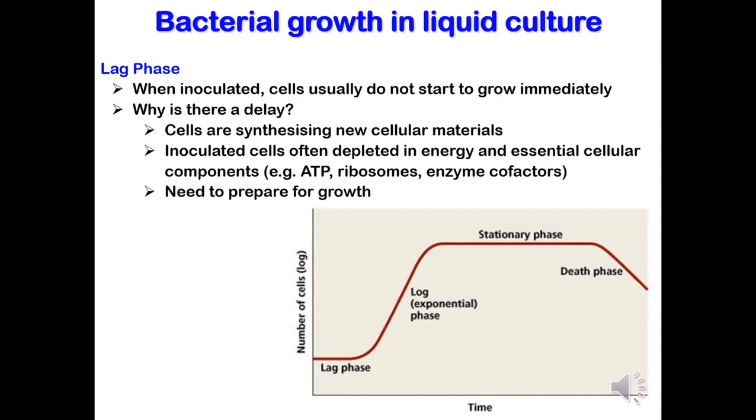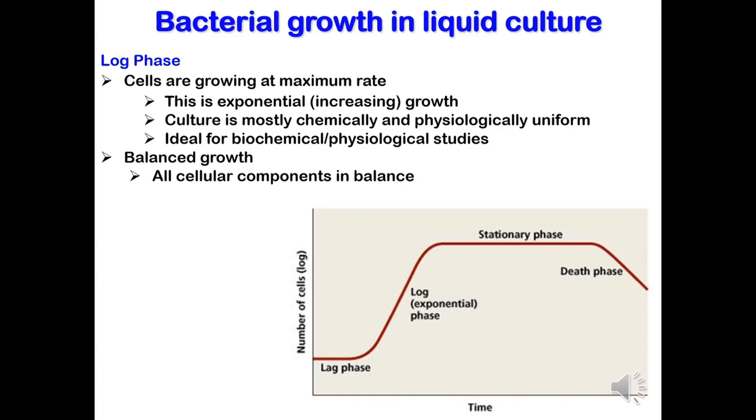Eventually, however, the cells will begin to replicate their DNA. They'll increase in mass and then divide, and their numbers will start to increase. And the next phase of cell growth is the exponential phase. And this is where the bacteria grow and divide at the maximum rate possible.